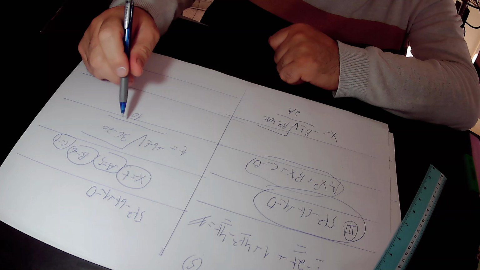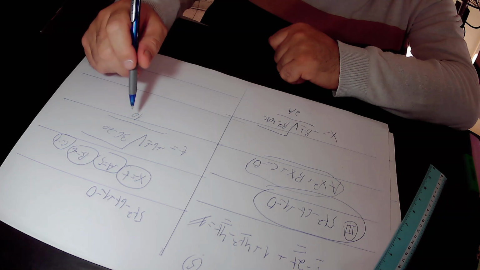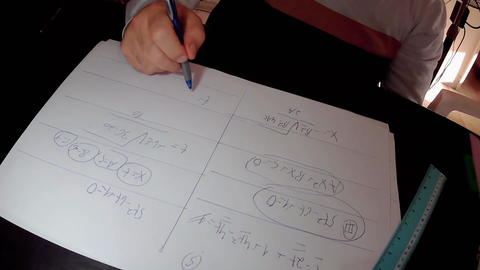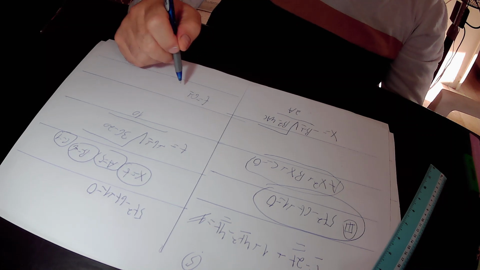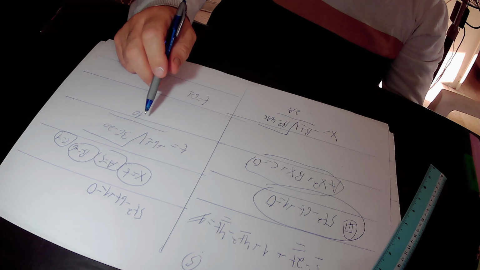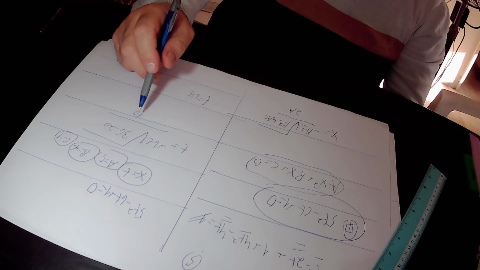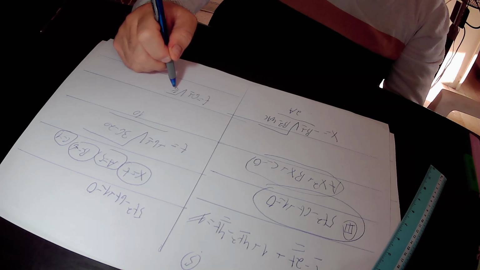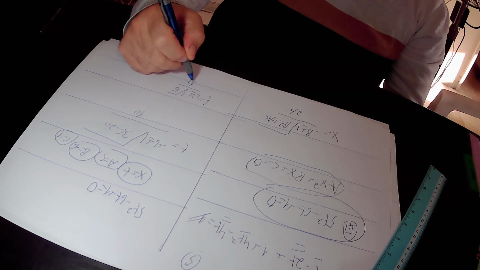So inside the root we have only 36 minus 20. So we found that t equals 6 plus minus the square root of 36 minus 20, that is 16.